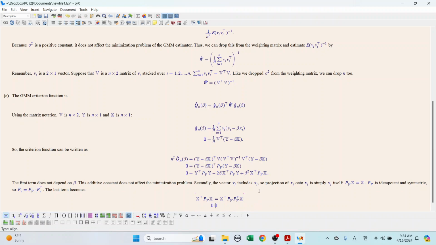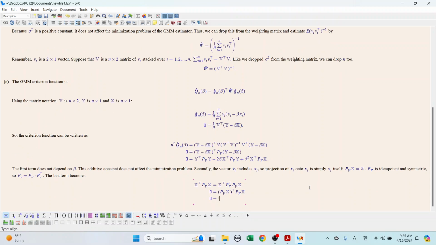And then you may rewrite this as P_V, one thing and the same thing again. Excuse me, you do not need to put the transpose here. Like this, and by the property of the projection matrix, you get this, okay?